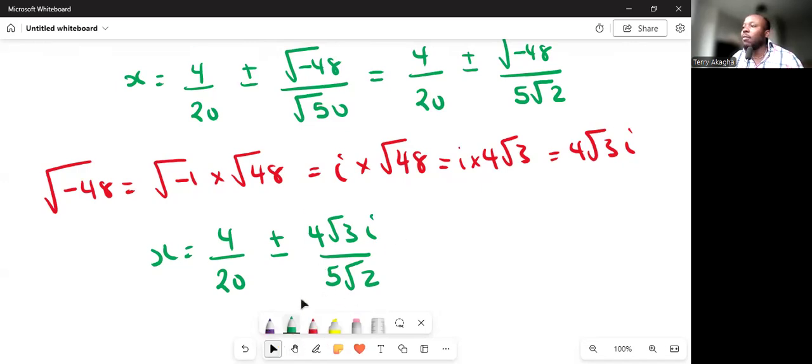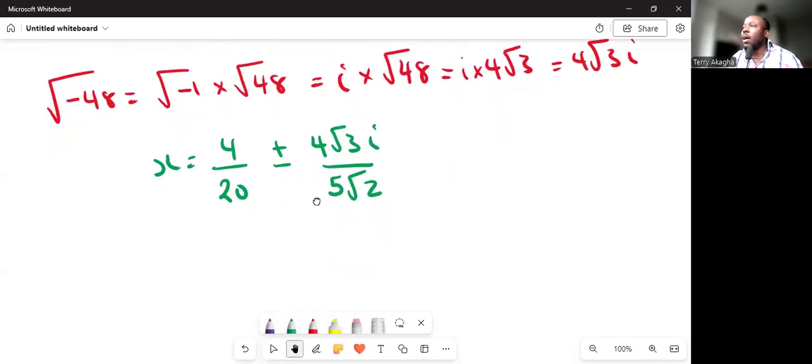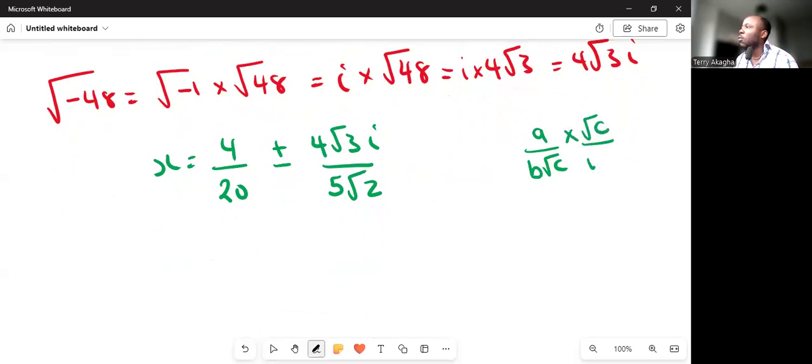Because we have this as root 2, I told you the concept of conjugates. When you have a over b root c, to remove the root c, you multiply both sides by root c over root c. Do you remember? And that will give us a root c over bc.